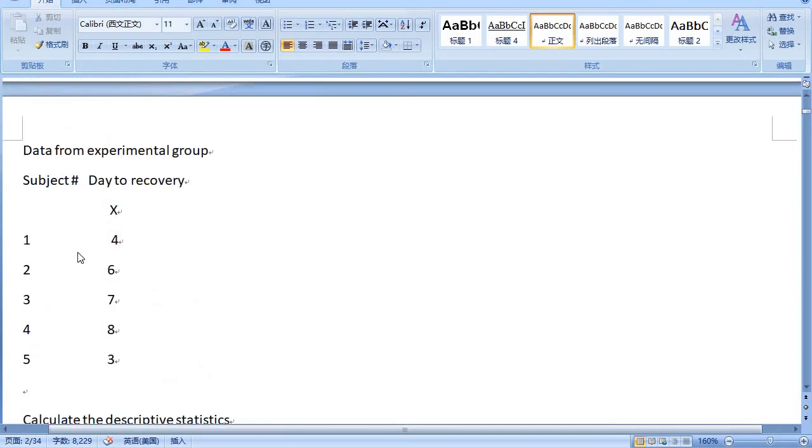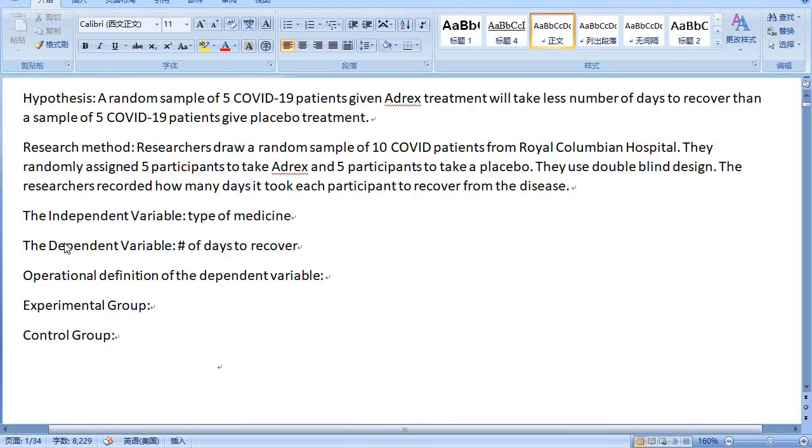Let's look at the data. Suppose you completed the experiment. In your research methodology, you draw a random sample of 10 COVID-19 patients from the Royal Climbing Hospital.